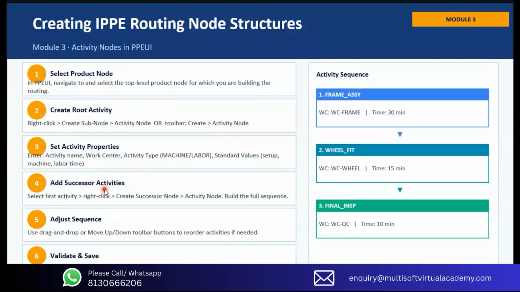Then add successor activities. For the first activity, right click, create successor node, activity node. It is the next operation. So it's the order of creating all the operations here; what we get are activities. Adjust the sequence: use drag and drop or the move up and down toolbar buttons to reorder the activities if needed.